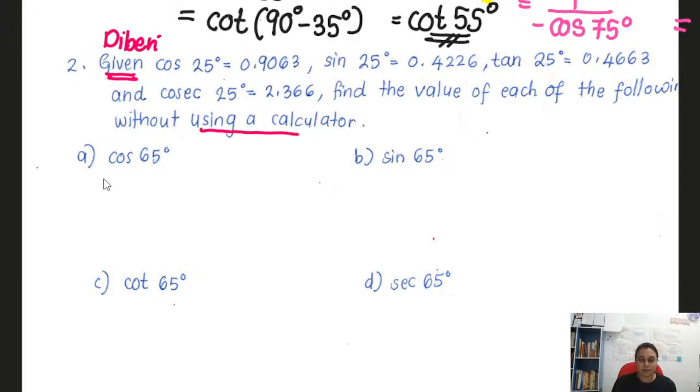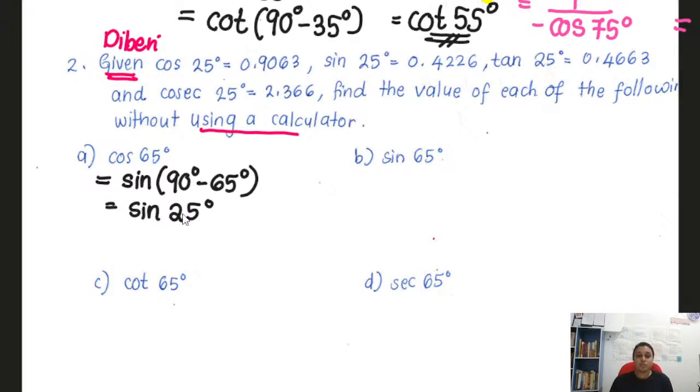Tanpa guna calculator. Okay, this one, first, kita cari best friend. Okay, cos punya best friend ialah sin. Okay, sin 90 minus 65. So kita dapat sin 25. See, this one also teacher use calculator. Okay, sin 25. So sin 25 ada tak nilai yang diberi?